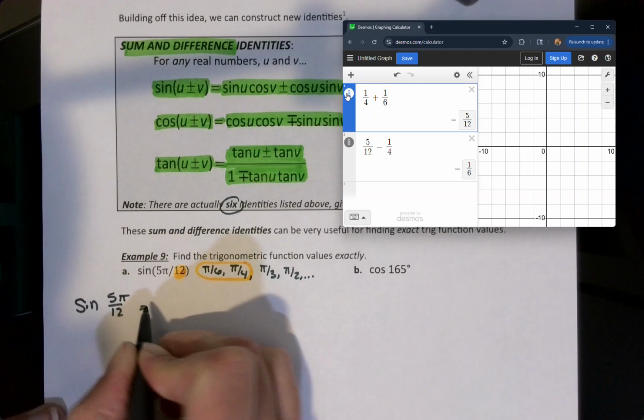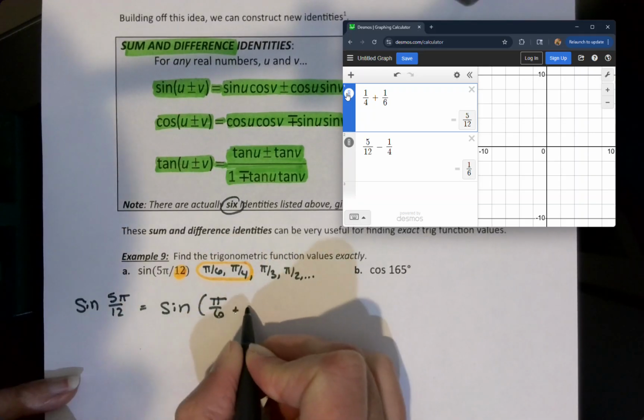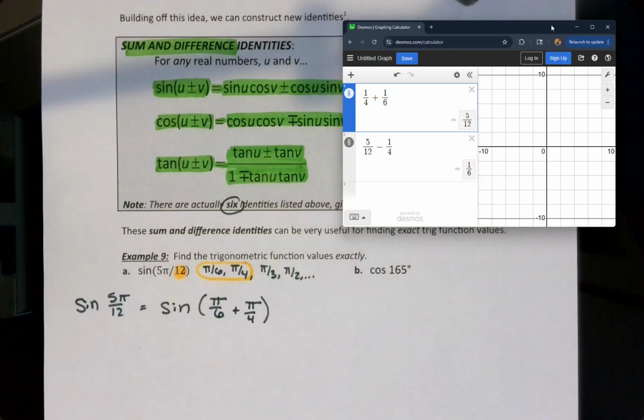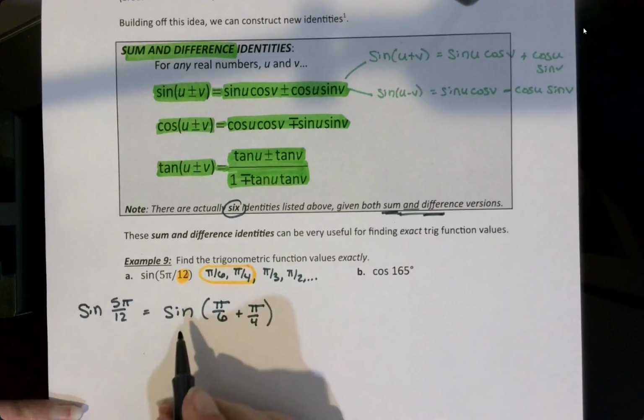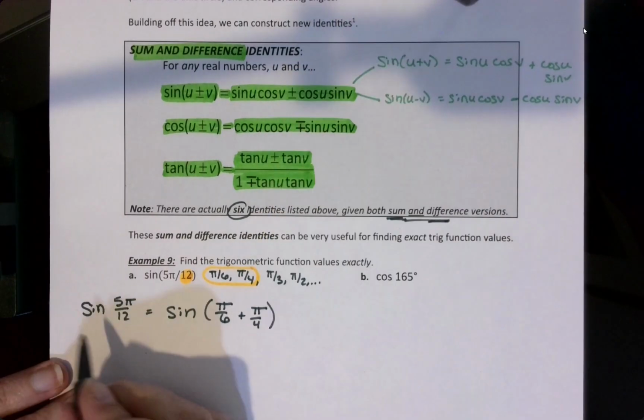So u and v are just the first and second, and it doesn't matter which one's which. So this one's going to be u, this one's going to be v. So we need sine of u, which is sine of pi over 6, times cosine of v, so cosine of pi over 4.